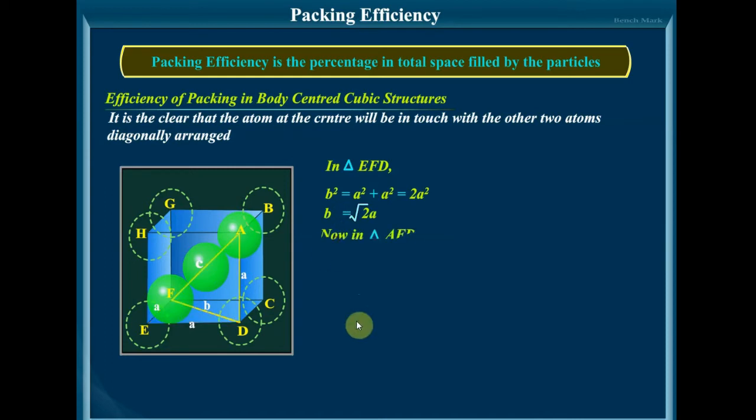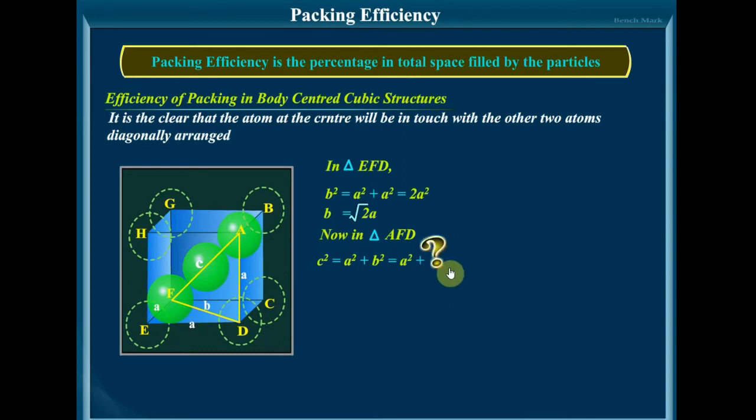Now, the next triangle that we are going to take is AFD, a right angle triangle. There, the body diagonal, which is AF, is c. That is, c square is equal to the edge length AD, which is a, so it is a square, plus b square.